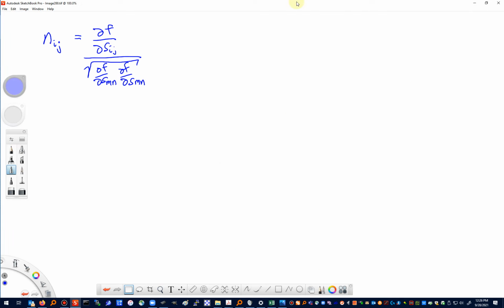Right, for the J2 flow theory, our yield function f is 1/2 Sij Sij minus k squared, and it's equal to 0. This term right here, Sij Sij, is like Smn Smn. Those are number indices that represent a summation.